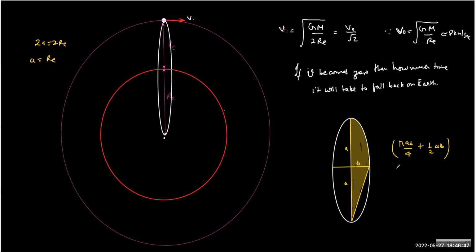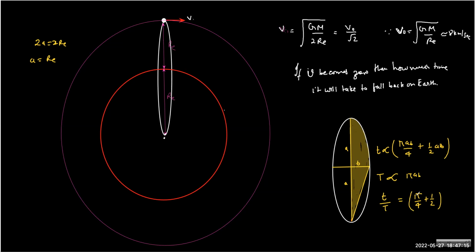So we got the answer. Now we know the area. That's easy, no? So this is the t. So t is proportional to this area, correct? And total time T is proportional to pi AB. So t by T is equal to pi by 4 plus 1 by 2, divided by pi.